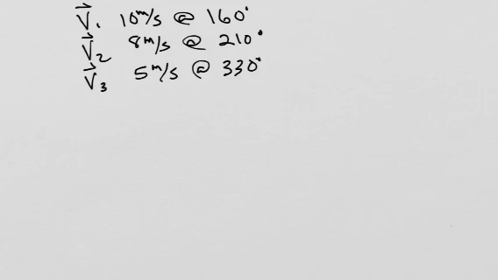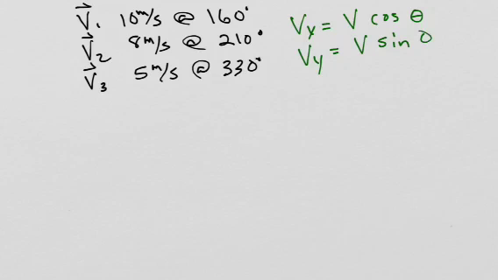Remember, the x component of any vector is Vx equals the magnitude of V times the cos of the angle, whereas Vy equals the magnitude of the vector times the sine of the angle. So pause it now, and find the Vx, Vy for V1, V2, and V3.